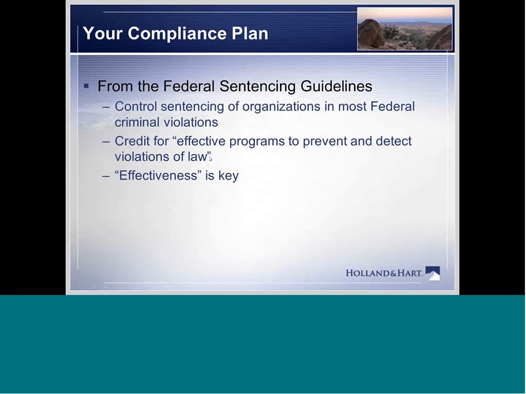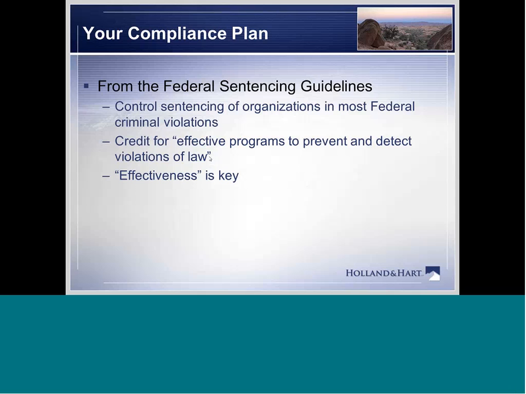And again, these first came about through the federal sentencing guidelines, which were issued in determining how sentencing of organizations would occur in criminal violations. One of the components there was that an organization received credit for an effective program to prevent and detect violations of law.